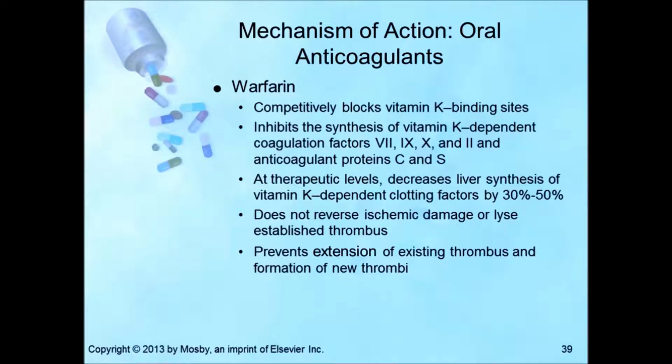Full anticoagulation, however, does not occur until factors 9 and 10 and the prothrombin are sufficiently reduced. Protein C activity falls quickly, and in some patients, a transient hypercoagulable state may occur. In these cases, you can see cubital necrosis.